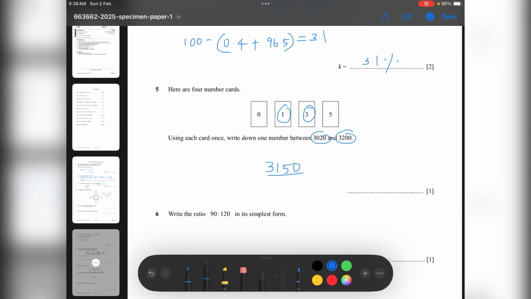So the answer is, is there any possible answer? It can be, for example, I'm taking 3, 0 because it's starting with that, and 51. That can be one answer, right? Any other possible answer, student? So it can be any number, right?